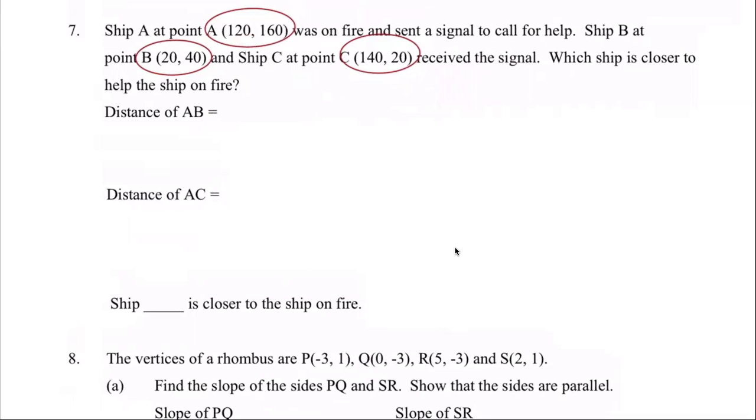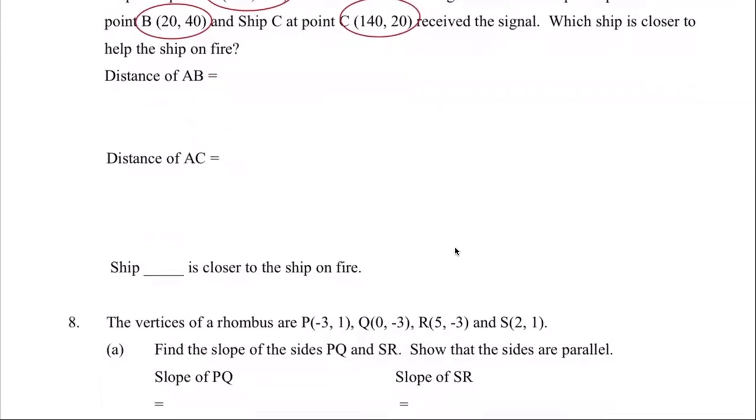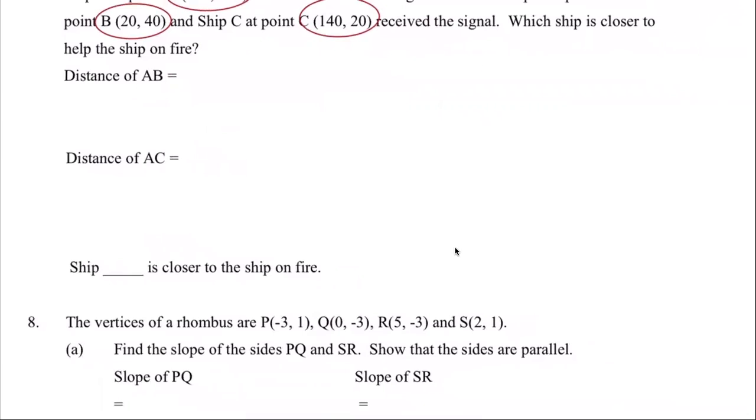Distance of AB, again, let me remind you. The distance is equal to y2 minus y1 squared plus x2 minus x1 squared, and we put all of these under the square root.